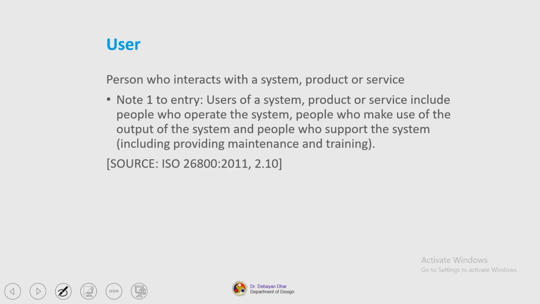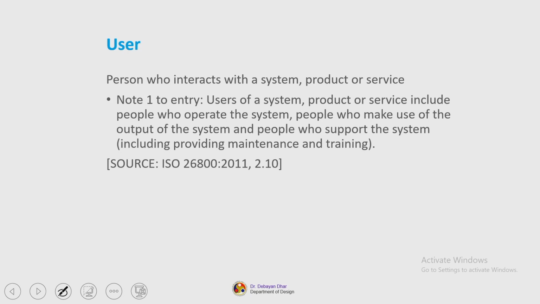Now, after knowing system, interactive system and service, let us understand who is the user and how he is defined according to ISO. A person who interacts with the system, product or service, who is essentially having a dialogue between these three, can be considered as a user.